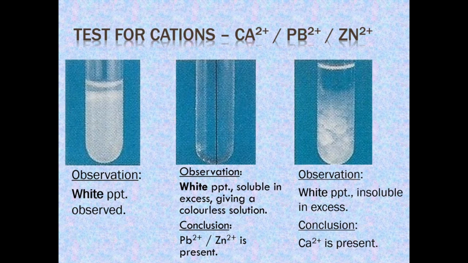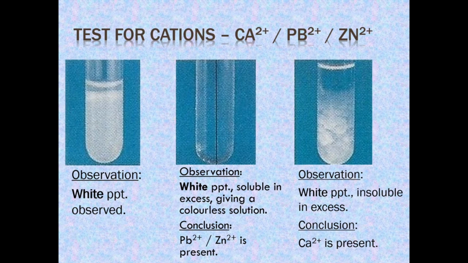But to distinguish between lead, zinc and calcium, the only way is to add excess sodium hydroxide. If you add sodium hydroxide into calcium, it gives you a white precipitate. If you add sodium hydroxide into lead, it gives you a white precipitate. Zinc, the same way. But if you add excess sodium hydroxide, calcium still forms a white precipitate, but lead and zinc will dissolve.